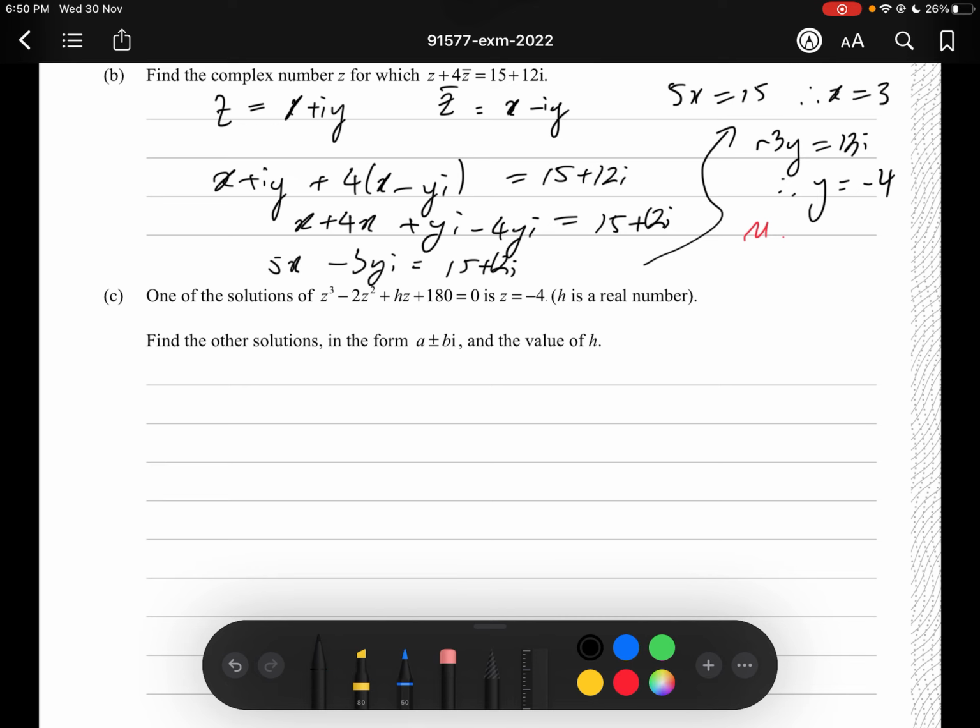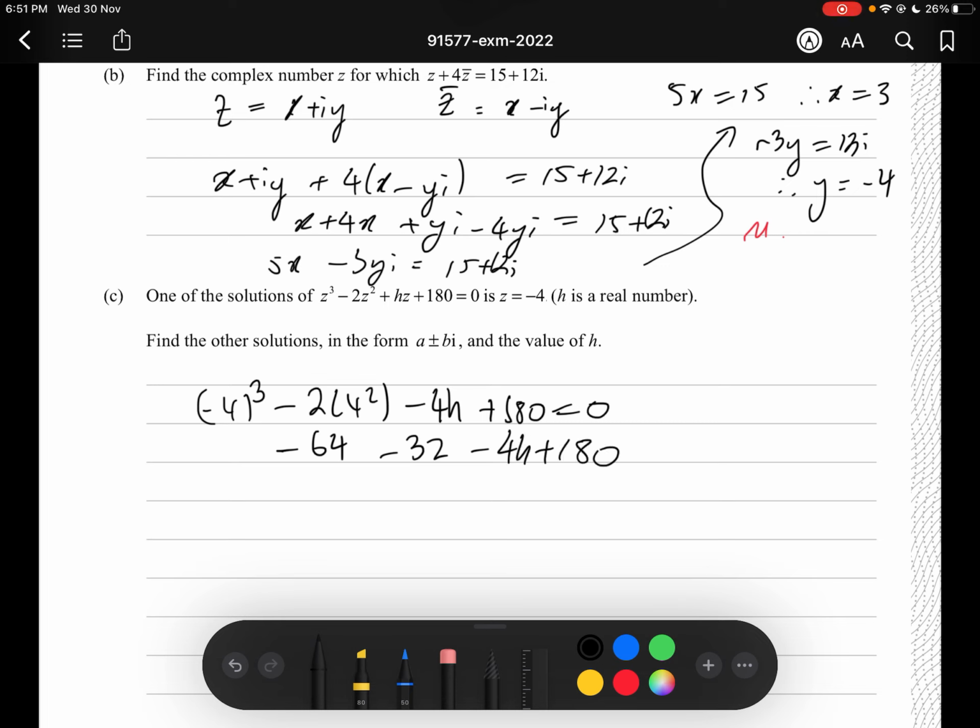So in this case, we can just say that -4 to the power 3 minus 2 times -4 squared minus 4h plus 180 equals 0. So -64 minus 32 minus 4h plus 180 is equal to 0.